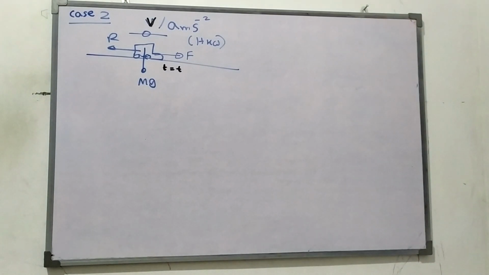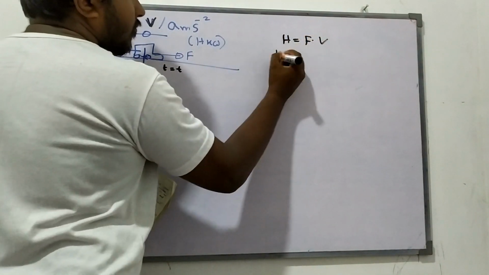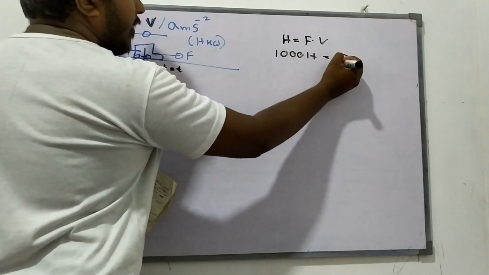I just need to make another relation. Again, H equals Fv, 1000 H equals F into v.